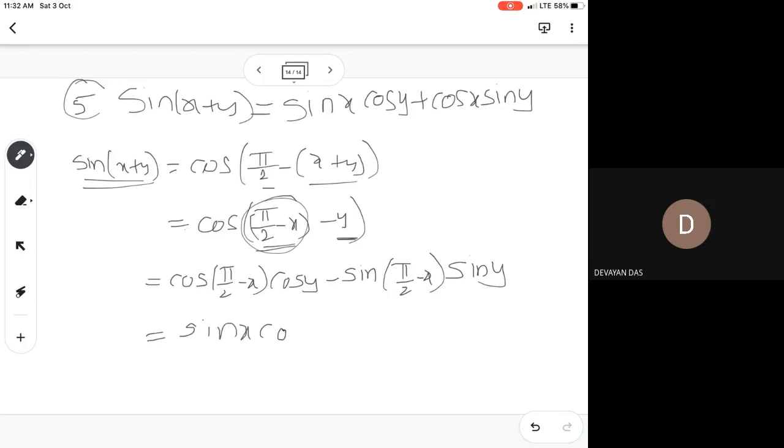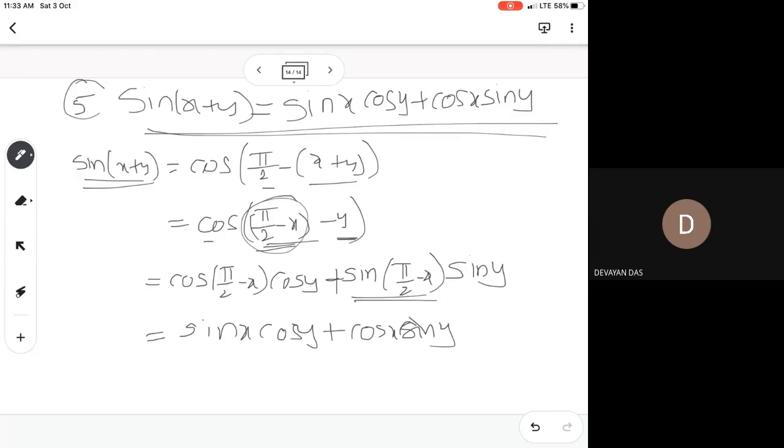Sin x cos y, minus cos x sin y. Cos of (x minus y) means plus will come, no? Yes sir, plus. So cos x sin y. So this is the result you can prove.